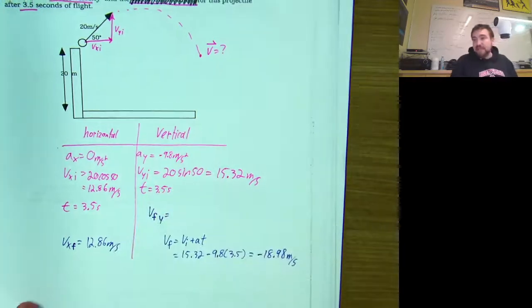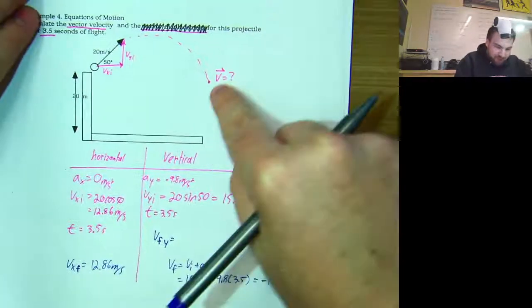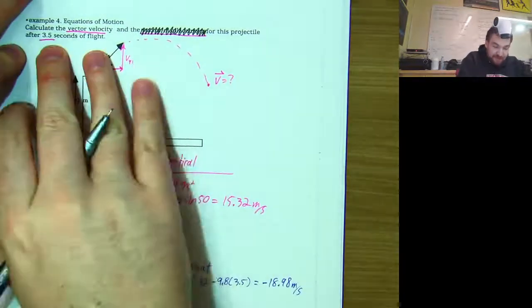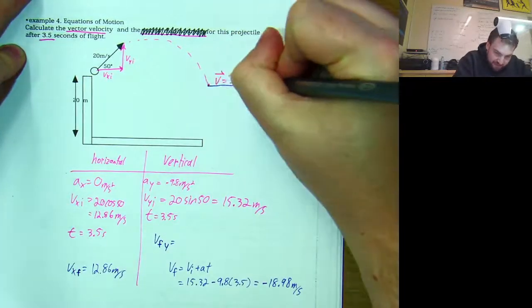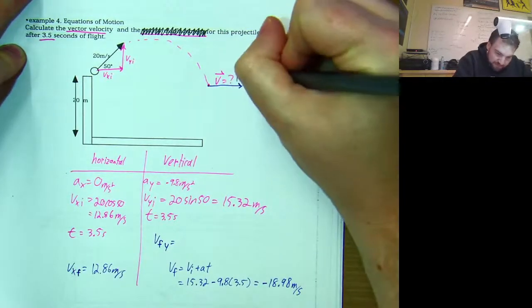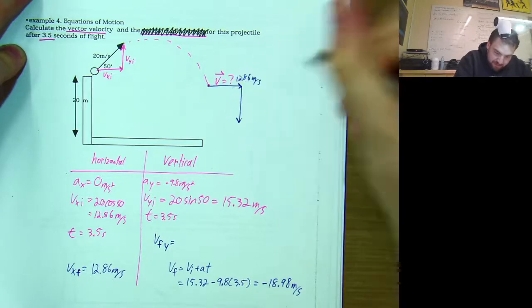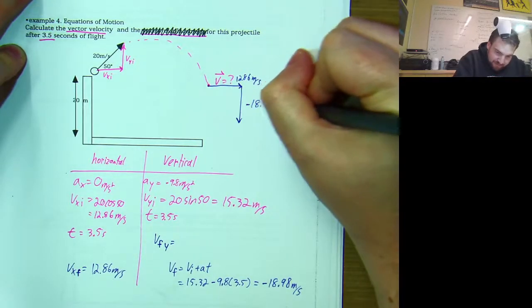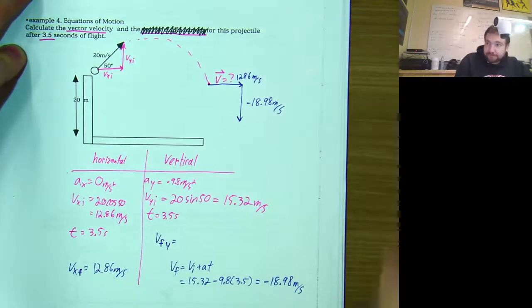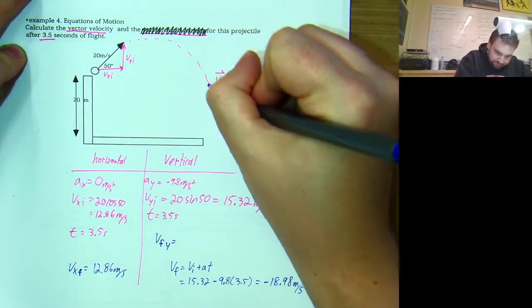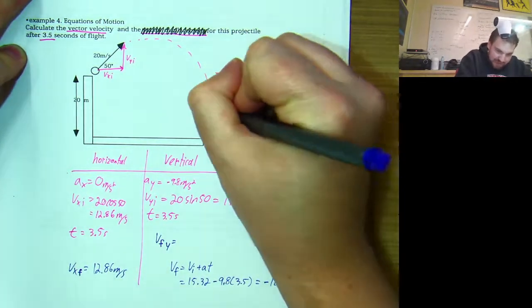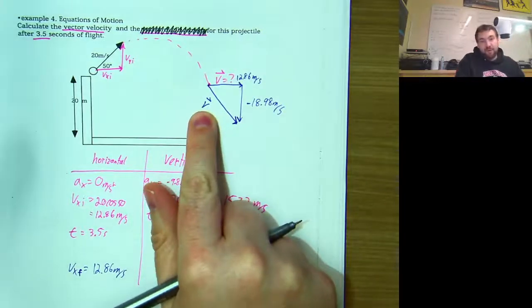So what that means is this. We've got an object here that at 3.5 seconds has a velocity this way of 12.86 meters per second and a velocity this way of negative 18.98 meters per second. So that's the total velocity that we want right there.